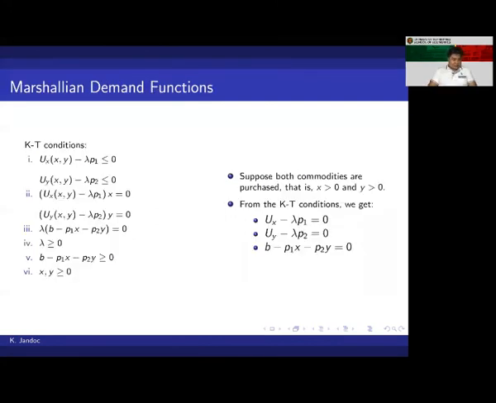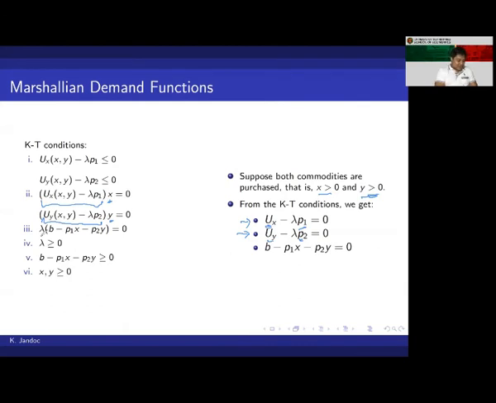So let's go back to the Kuhn-Tucker conditions. Since we assume that x and y are consumed in positive amounts, then from condition 2, the term in the parenthesis should be equal to 0. So this is the first two conditions over here. Now we have shown that since marginal utilities and the prices are positive, lambda should also be positive.